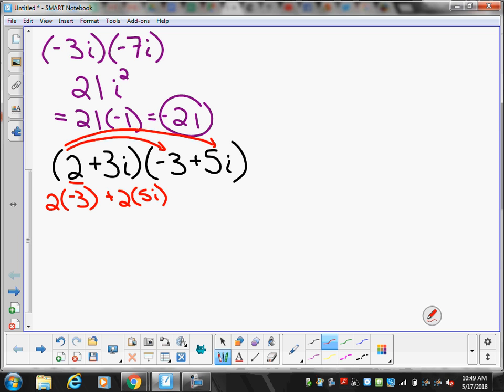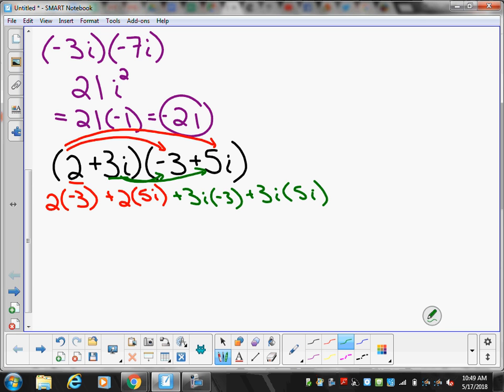So I'm just writing down what I'm doing here. Okay, and then I've got this one, 3i times negative 3 plus 3i times 5i. So this line here is just me writing out what the multiplication is that I'm doing in the top part.